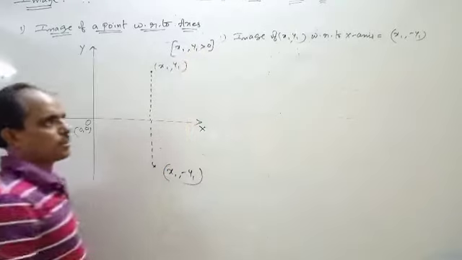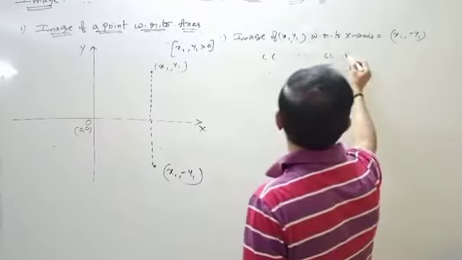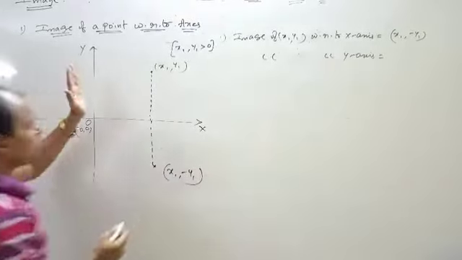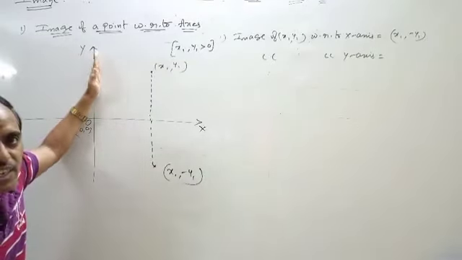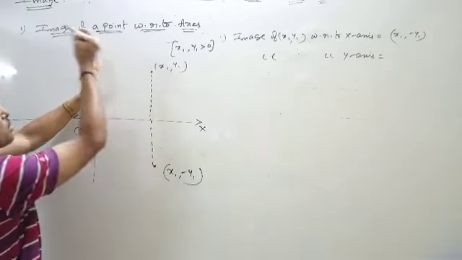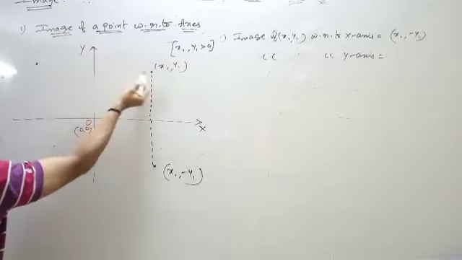Now the image of the same point with respect to the y-axis, what happens? With respect to the y-axis, that means the y-axis acts as a mirror. So the mirror of this point with respect to this y-axis comes like this. Now this will be the image of this point.